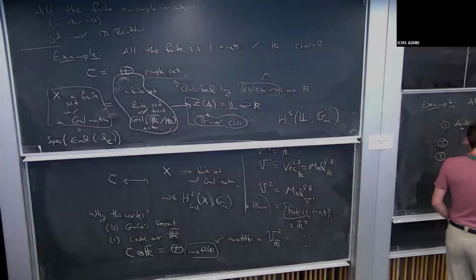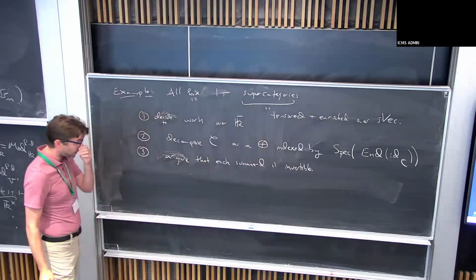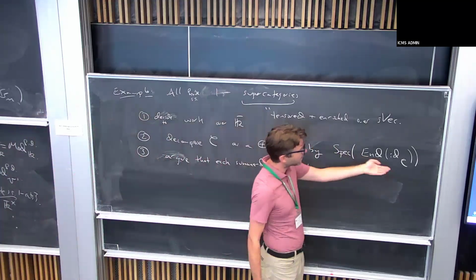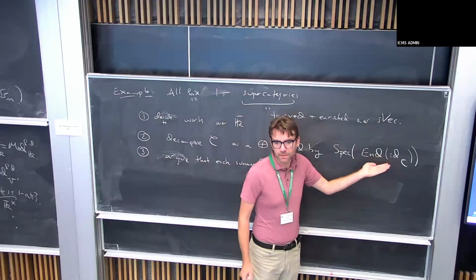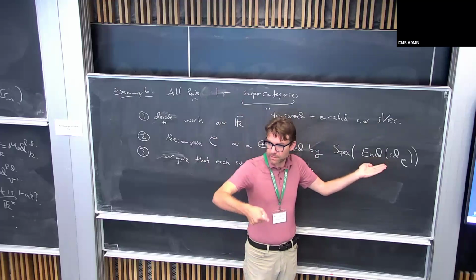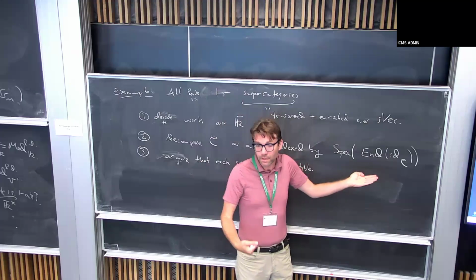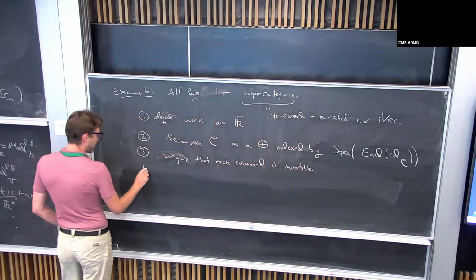So each summand, what do I have to do? All I have to do now is think about categories for which the endomorphisms of the identity, there's no endomorphism identity, so for which that looks like a point. So I just have to think through those cases. There are 2 of those cases now. And then I have to classify.